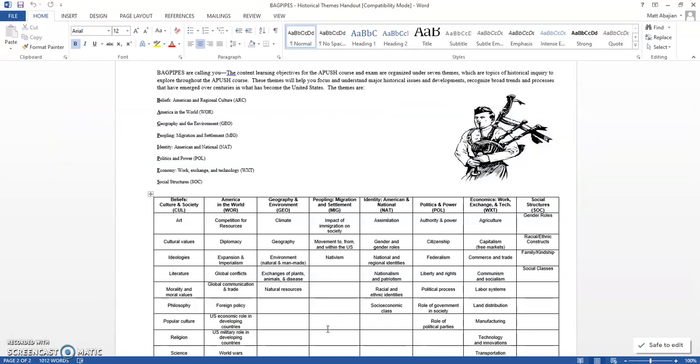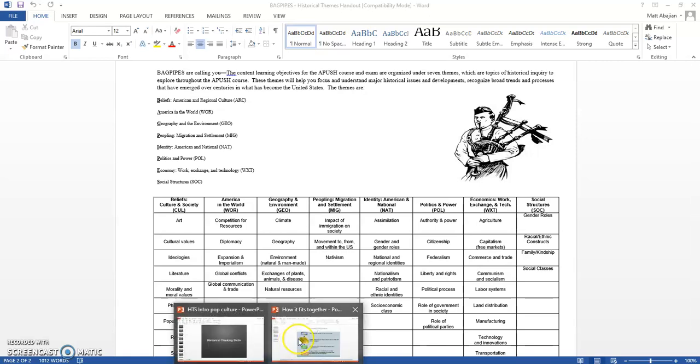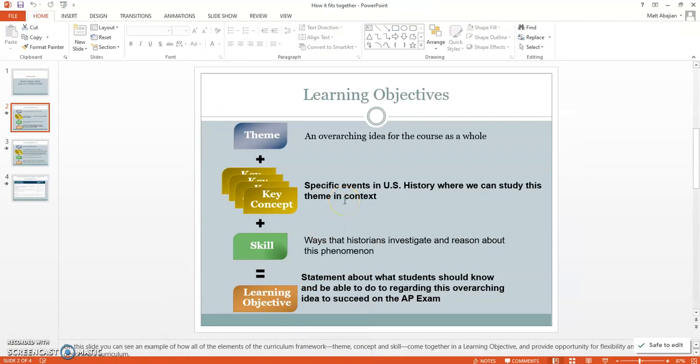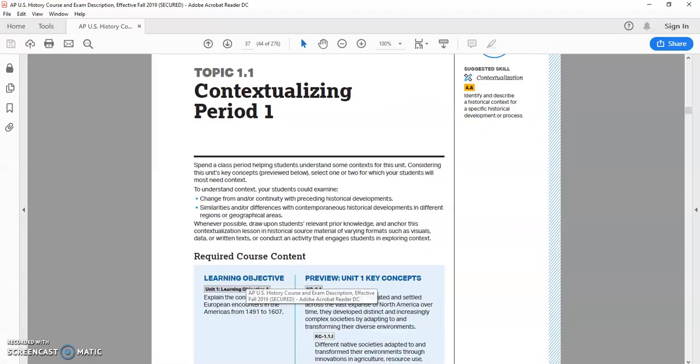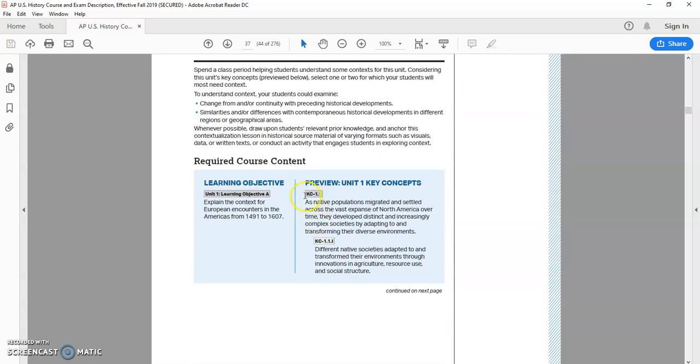Bagpipes, themes to bring it all together, plus specific events in U.S. history, which are a key context to study them with theme and context. As a reminder, the key concepts the College Board wants you to know hold us accountable, like key concept 1.1, going over some of the Native American populations and how they've adapted to their environments. This is the content we need to know.